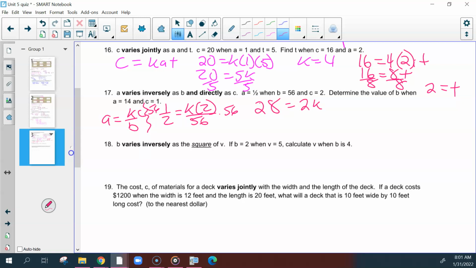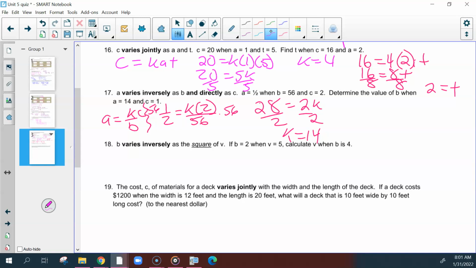So the 1/2 times 56 gives you 28, and then you're left with 2K. Divide both sides by 2, and you get 14. And then use that 14 to find your value of B.